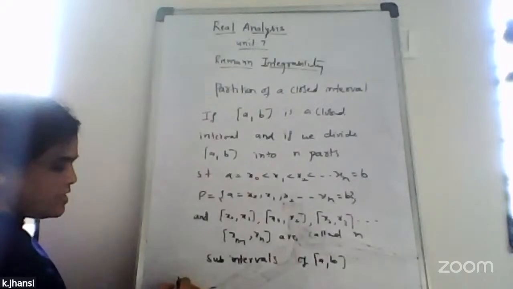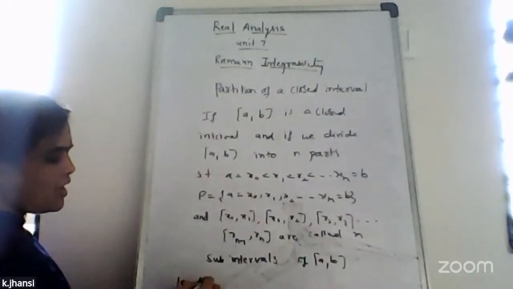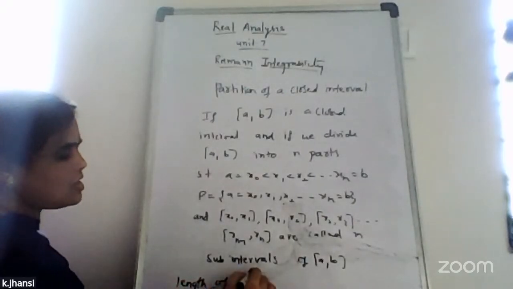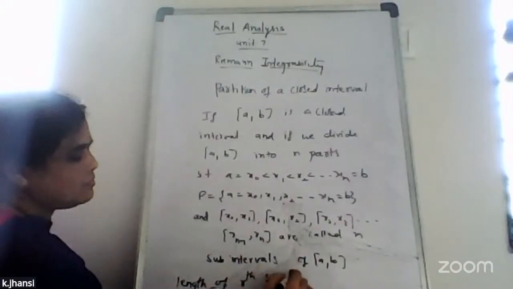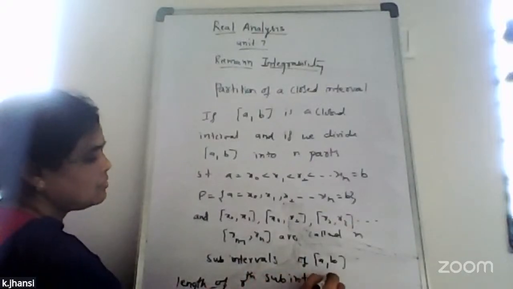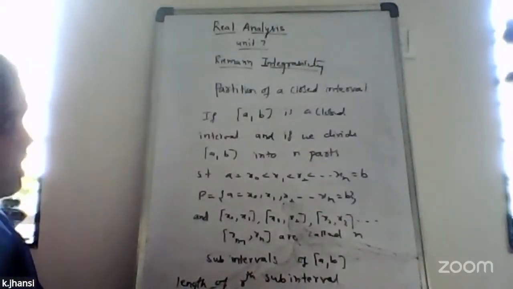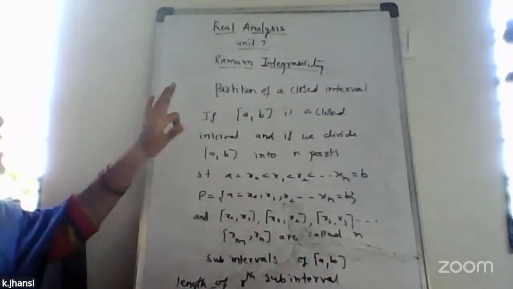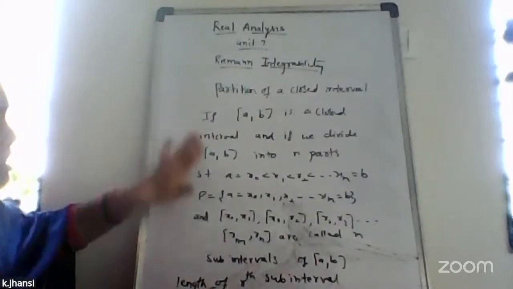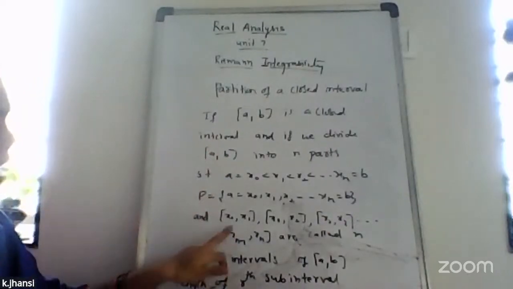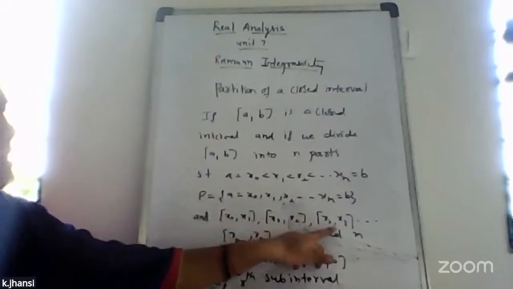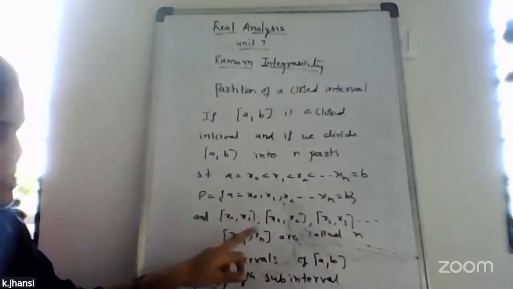And this is the main important thing. This is called the length of the rth subinterval. These concepts are useful in solving theorems. In Riemann integrability, the partition is important. You will see this symbol and these elements, which are called subintervals.